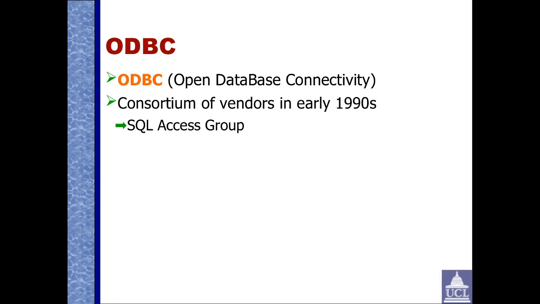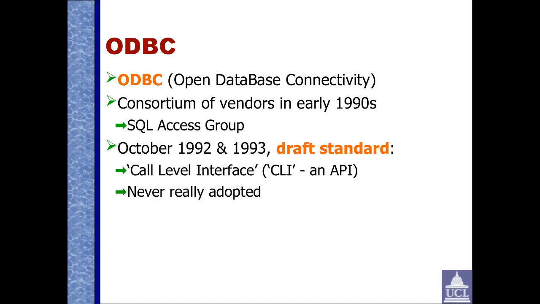It was a consortium of database vendors in the early 1990s known as the SQL Access Group. In October 1992 and early 1993 they put together a draft standard which they called the Call Level Interface or CLI. This is an API. However, it never really caught on.